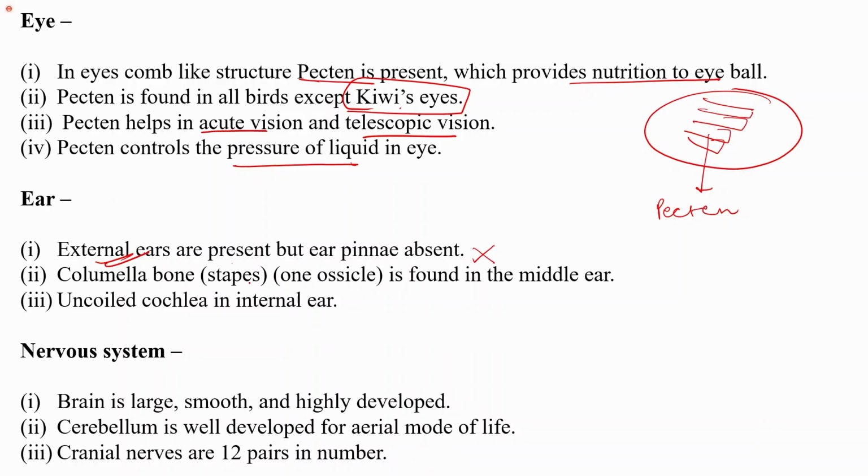Columnar bone, which is the stapes, one ossicle, is found in the middle ear, and uncoiled cochlea is present in the internal ear. Right? So there is a difference in the ear development of the auditory system with the different classes. Then the nervous system: the brain is large, smooth, and highly developed. Cerebellum is well developed for the aerial mode of life, and cranial nerves are 12 pairs in number, just like reptiles.